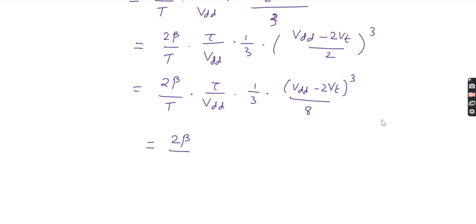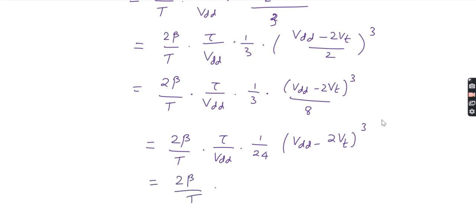So 2 beta divided by t into tau by VDD into 1 by 24, correct? 1 by 24 VDD minus 2 times VT the whole cube. Now what will we get? 2 beta t tau by 24 VDD, VDD minus 2 times VT the whole cube.